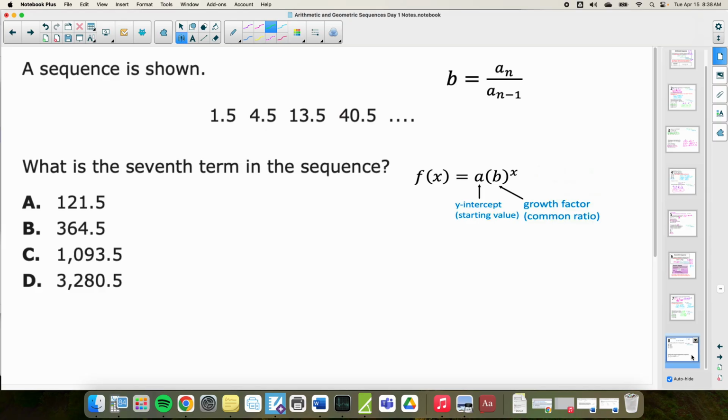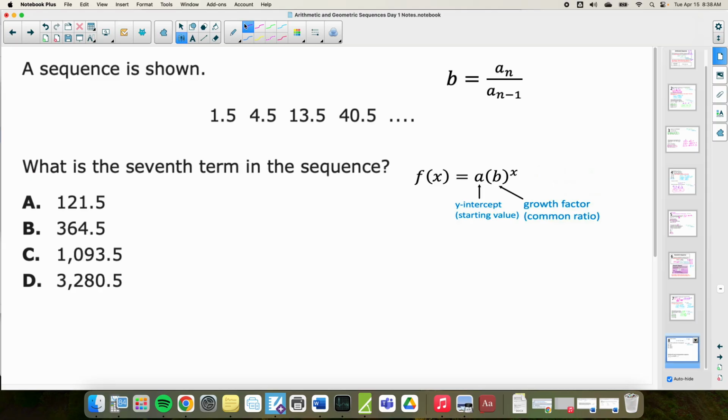All right, one more page. So this is a sequence, okay, and this one's one of those open-ended ones again, they want the 7th term in the sequence, okay? Now, this is one that you may look at and be like, I'm not quite sure what they're multiplying by each time, okay?